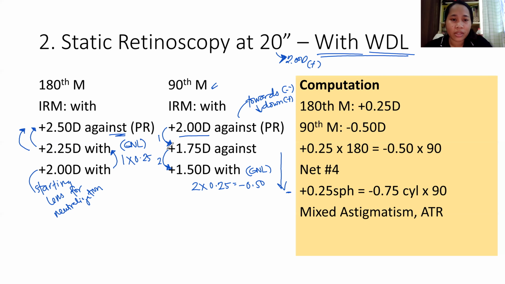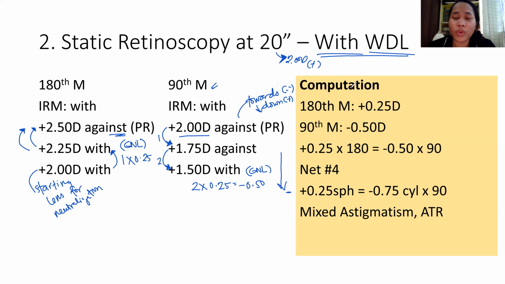So you make another decrease and now you are in the with. This is the last with before the PR. And you did 2 clicks towards the GNL. So that is why we counted this 90th meridian as 2 clicks and only 1 click in the 180th meridian. It's the number of clicks towards the GNL.